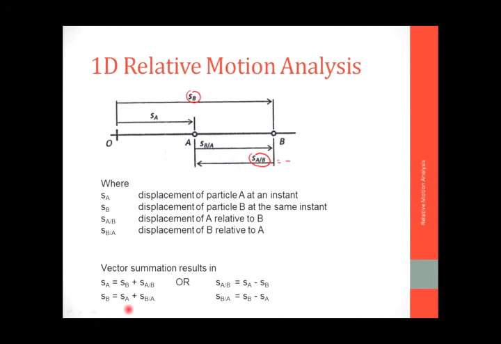So SB equals SA plus SB/A. This is different, AB and BA. So the displacement of A relative to B is SA minus SB, and the displacement of B relative to A is SB minus SA.